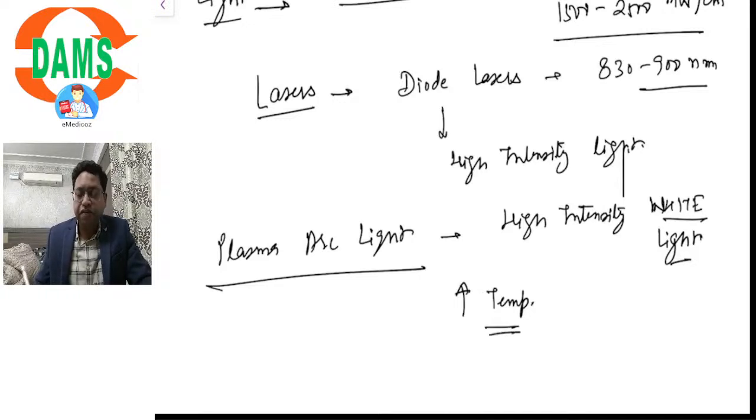So we have to be very careful while using plasma arc light. As I've already told you, temperature should not increase more than 110 to 140 degrees Fahrenheit. How can we monitor the temperature? By using some form of thermostat that monitors the temperature of the tooth surface.